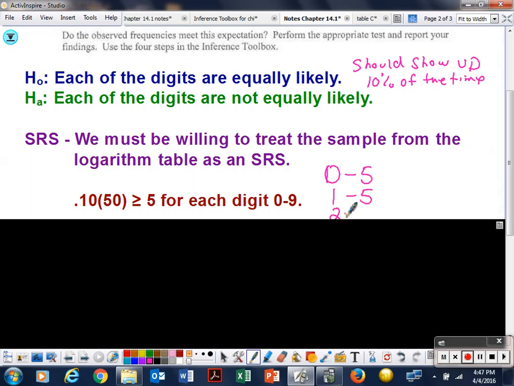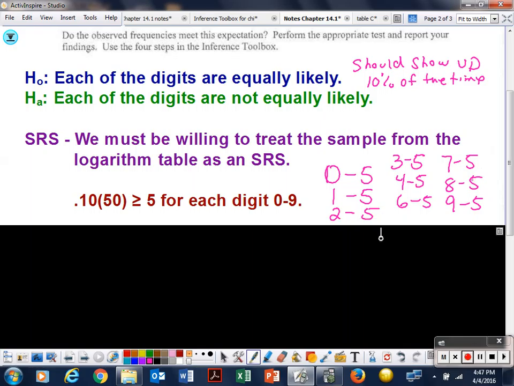The number 2, we expect it to show up 5 times. The number 3, 5 times. The number 4, 5 times. The number 6, 5 times. The number 7, 5 times. The number 8, 5 times. The number 9, 5 times. Let me check: 5, 10, 15, 20, 25, 30, 35, 40, 45. I missed one. Oh, forgot the 5. 5 to show up 5 times.